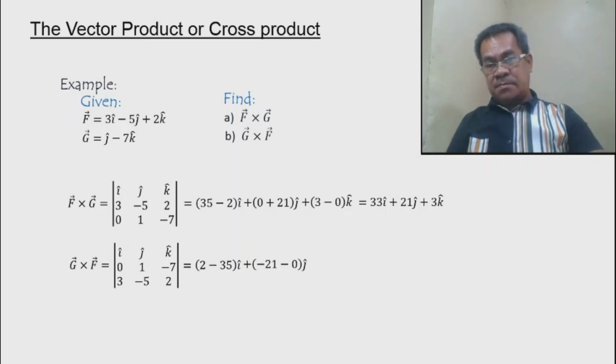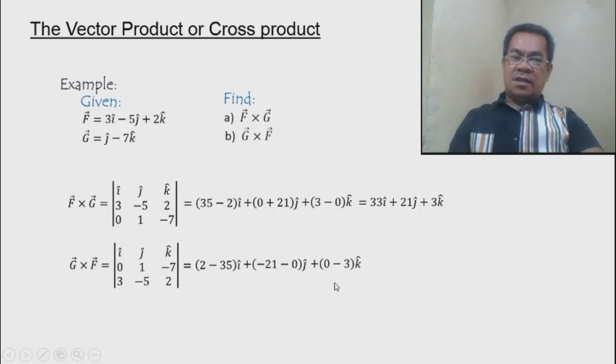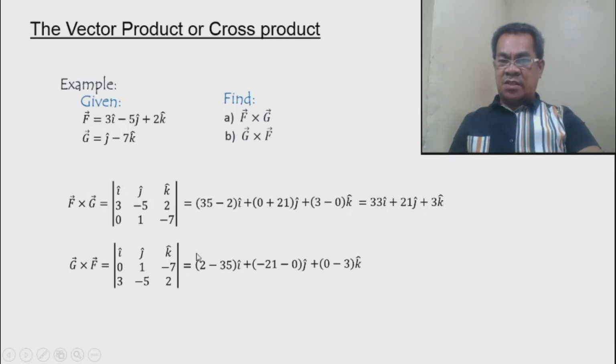Okay? This is positive. So, therefore, because we are in the middle. Now, in the last row, you have to eliminate this one, go back to the original. This is positive, so this is 0, and this is minus 3. So, 0 minus 3. And the answer is, look at this one, almost the same. It differs with sign.